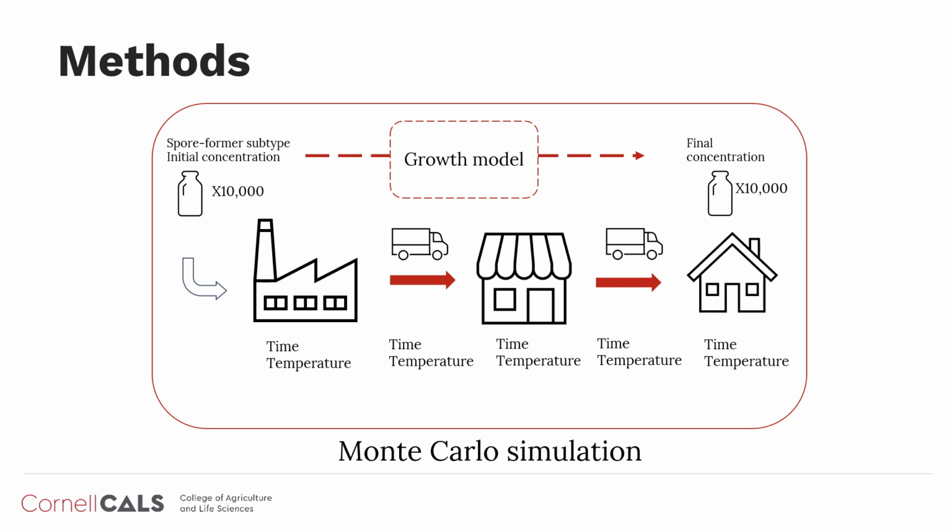Once we have this data, we can use this microbial growth model to predict the outgrowth of psychrotolerant spore formers across the supply chain. With that information, we can calculate the final concentration of spore formers in each milk container, and then based on a spoilage threshold, if the concentration exceeds this threshold, we would consider this milk to be spoiled.